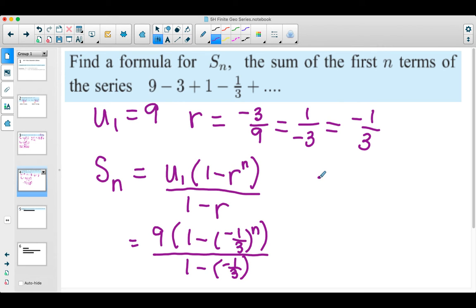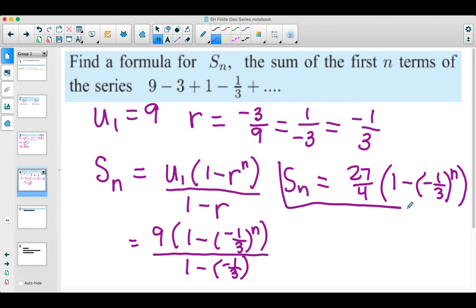If we simplify that, we end up with 27 over 4 times 1 minus -1/3 to the n. So our formula is that right there.